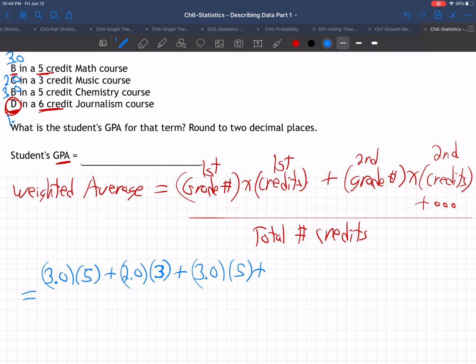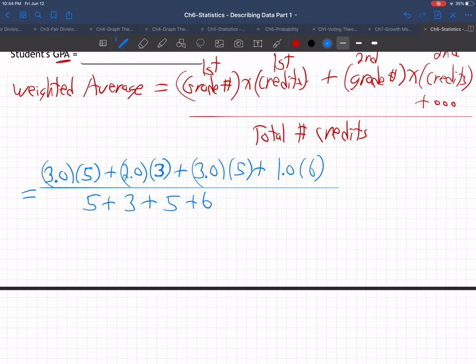And then this D, 1.0 times 6 units, all divided by the total number of units or credits, just adding these up: 5 plus 3 plus 5 plus 6.